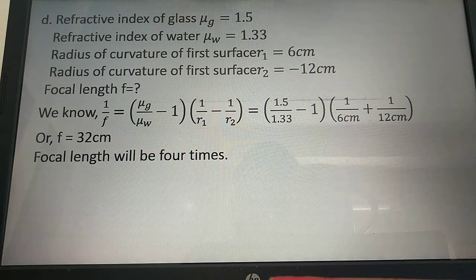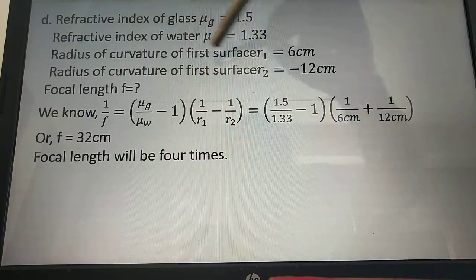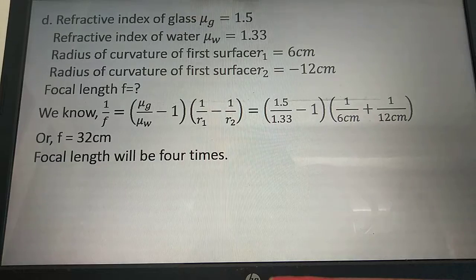Part D. Refractive index of glass mu g is equal to 1.5. Refractive index of water mu w is equal to 1.33. Radius of curvature of the first surface R1 is equal to 6 cm, and radius of curvature of the second surface R2 is equal to minus 12 cm.